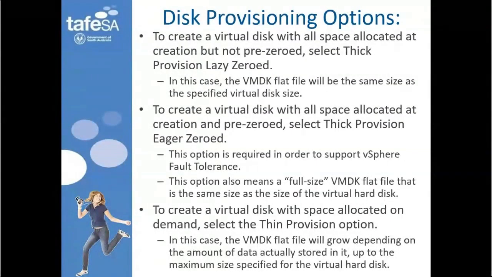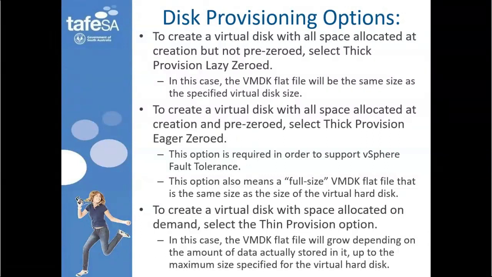Drive provisioning. So that provisioning means making the drives. To create virtual disks with all the space allocated, but not pre-zeroed, it's called fixed provisioning, lazy zeroed. Okay, in this case, the flat file or the VMDK file will be the same size as the virtual disk. So what does that mean?